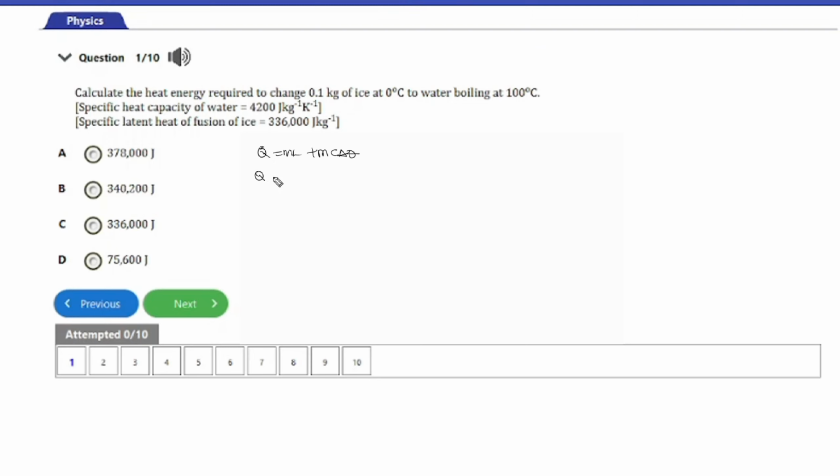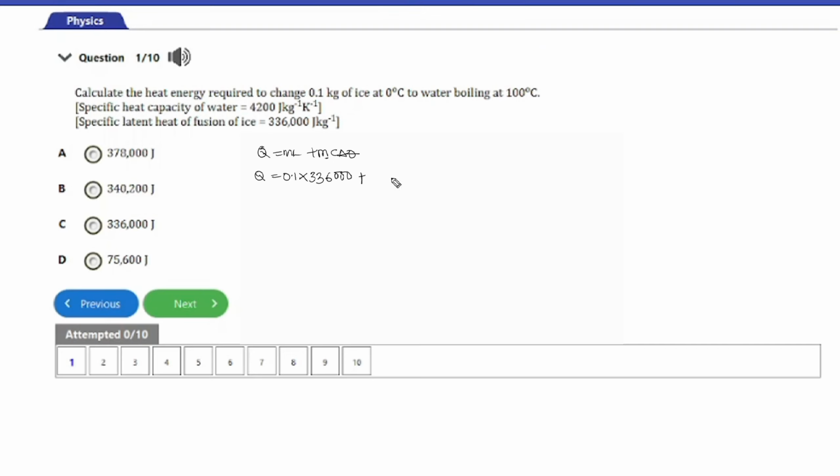So the heat Q here will be the mass 0.1 kg times the specific latent heat, that's 336,000 joule per kilogram.